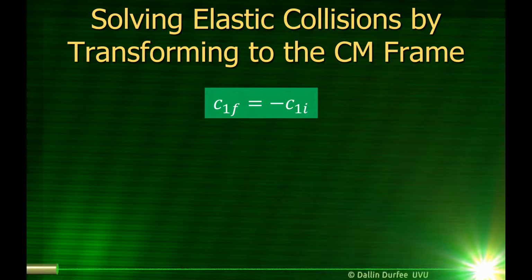We didn't actually have a collision. Yes, the momentum and energy will be conserved if the velocities don't change, but that's not the solution we wanted. We want the solution where they have changed, but energy and momentum are still conserved. And so that's our solution right there. So the final velocity of particle 1 is equal to negative its initial velocity in the center of mass frame.